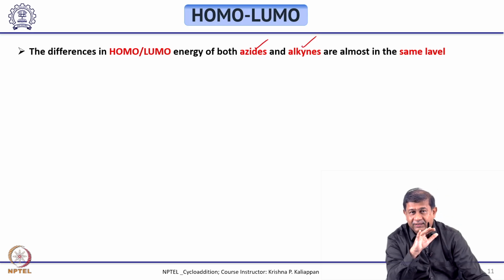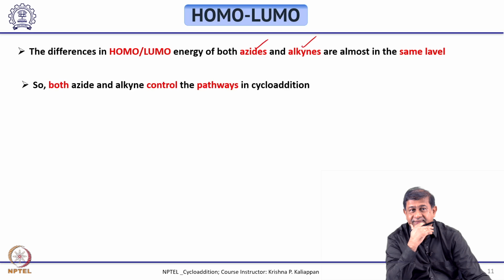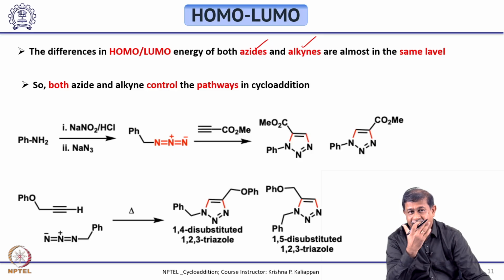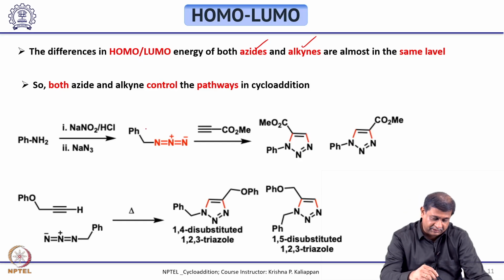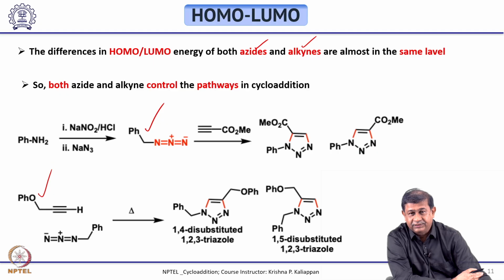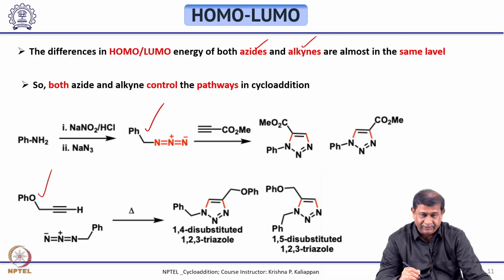When there is no difference, either the alkyne or the azide can control how it is going to react in the 1,3-dipolar cycloaddition. That is why when you do this reaction, you get a mixture of 1,4 and 1,5. You can take just benzyl azide or an electron donating phenyloxy group, and you always get the corresponding 1,4 and 1,5.